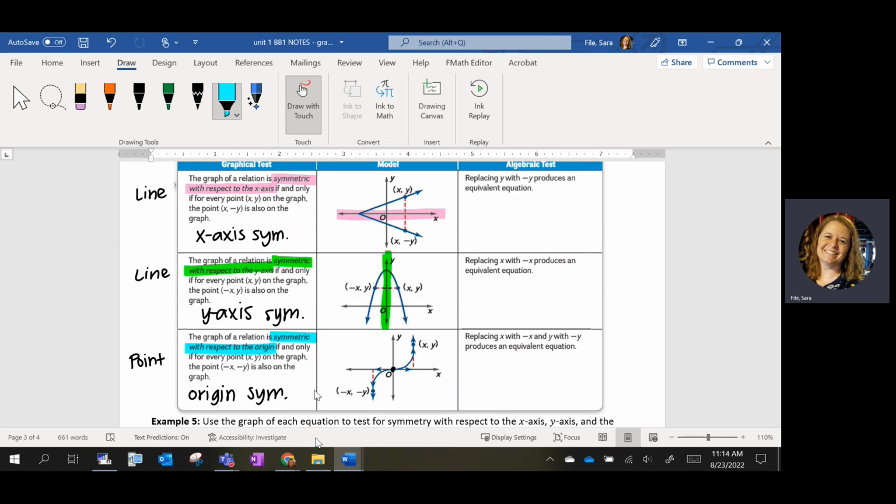Those all mean the same thing. So if I rotate it, that's point symmetry, using the origin as the point of rotation. What type of function is this? That's the cubic. So the cubic function, if it hasn't been shifted, has origin symmetry.